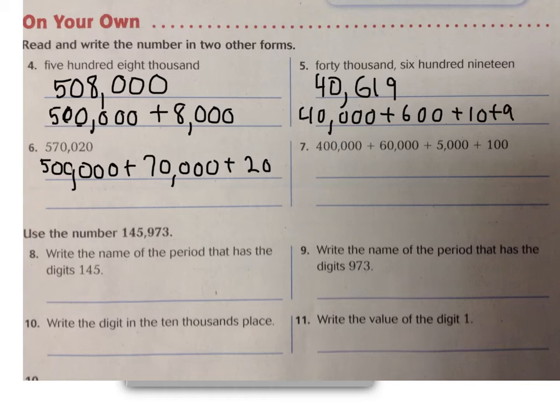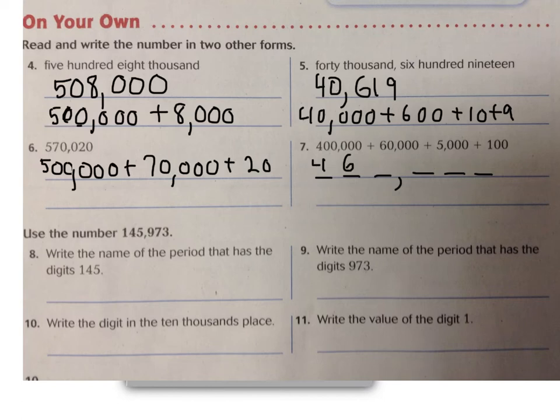And next we have the number in expanded form. We need to put it in standard form and word form. What's important to remember here is that the biggest number has 6 digits, so we need our number to have 6 digits. If we don't, we're probably going to get the wrong number. So we start off with our biggest digit, which is 4. Our next, with 5 digits, is 60,000, so we put a 6 there in our 5th digit.